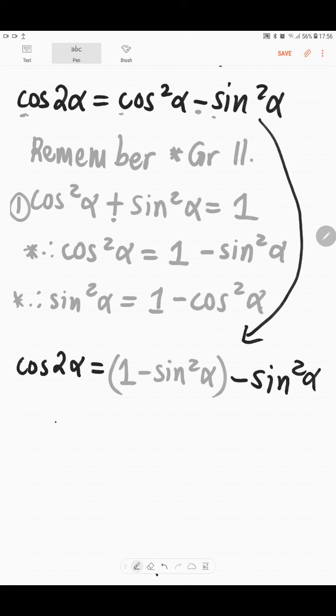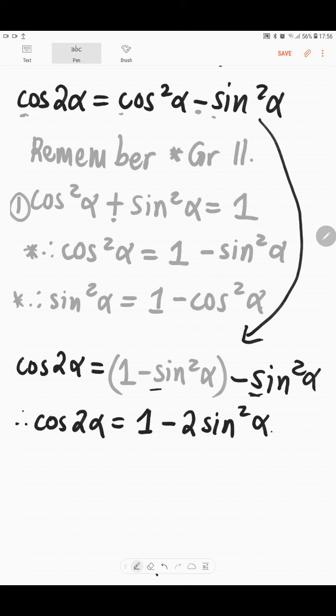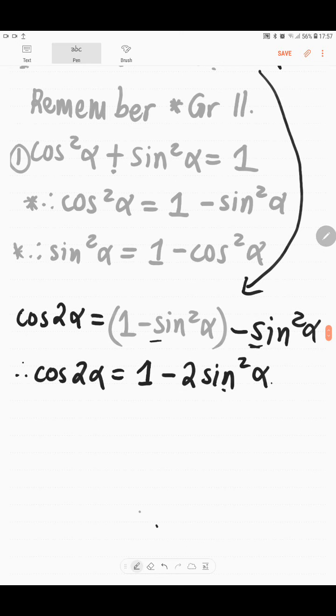So in this case, we would be having something in this manner, because now if you observe, these two are actually like terms. So you would have the 1 there as it is, but then it would be minus 2 sin squared alpha, and then it stands. That is the first one. For instance, if you are given a double angle of cos, and you are required to come up with a solution that only has the sine function in it.